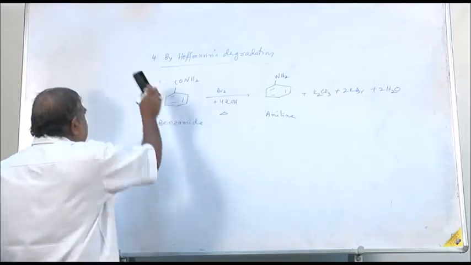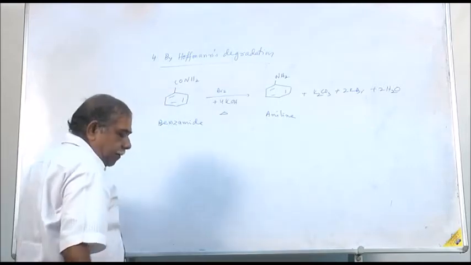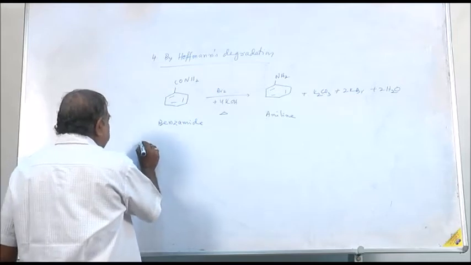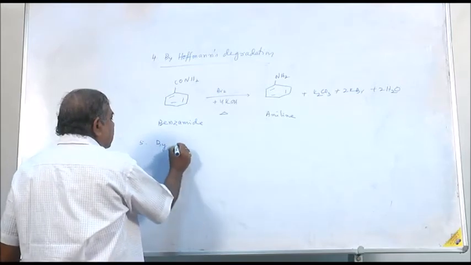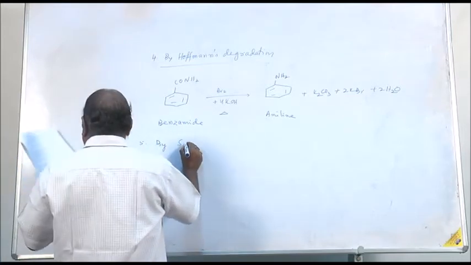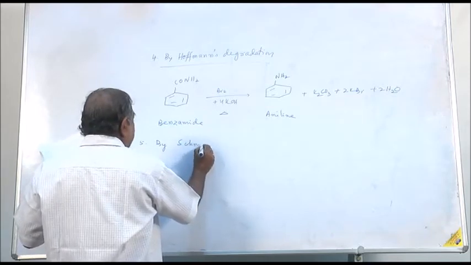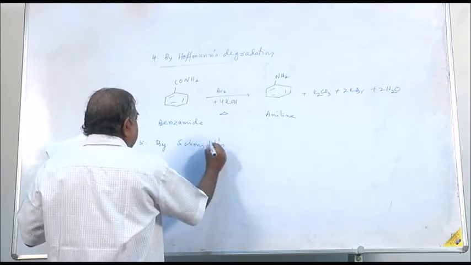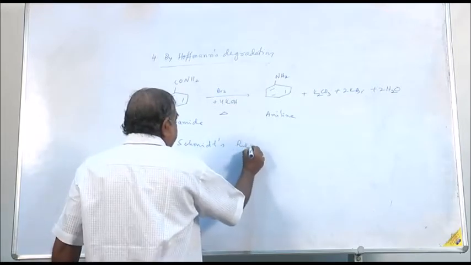The last method to get aniline is by Schmidt's reaction.